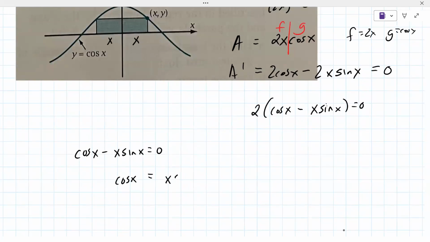You just move some things around here. You divide by sine x. So you ask yourself, where does x equal cotangent of x? There are not that many places where that happens. You can always graph.